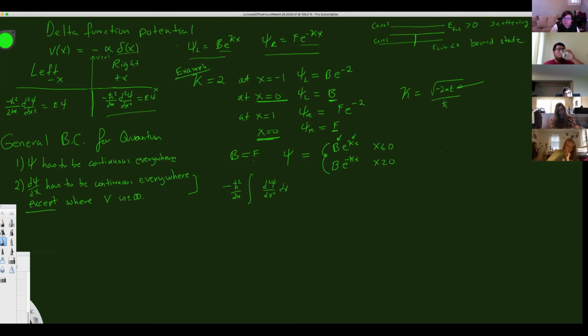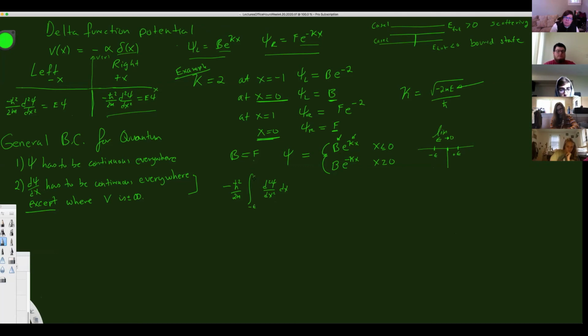So here's our 0, where the potential is going all the way to infinity. And we're going to go from minus epsilon to plus epsilon. In the end, we're going to take the limit as epsilon goes to 0, but the integral is going to smooth stuff out for us and make it a little easier.